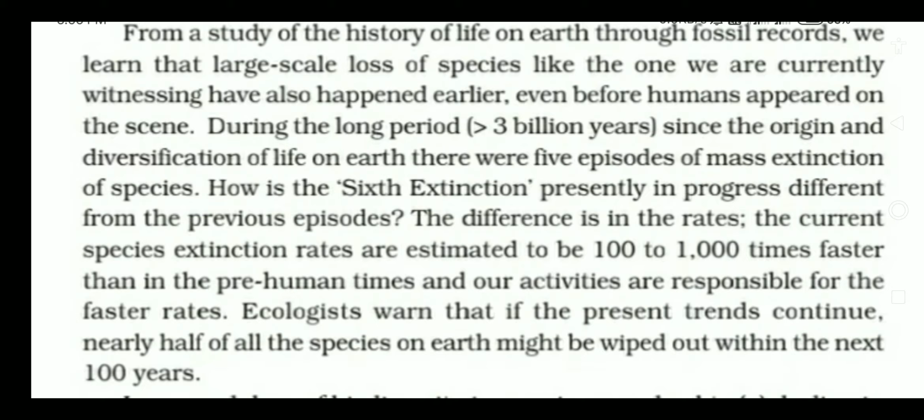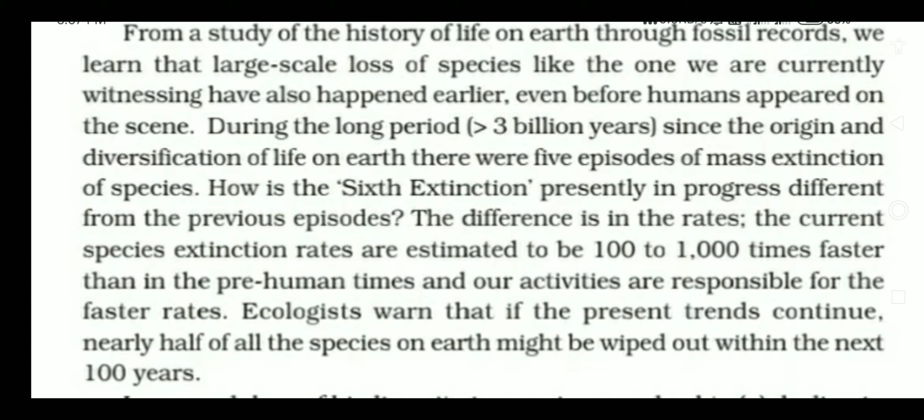Ecologists warn that if the present trend continues, nearly half of all the species on earth might be wiped out within the next 100 years. More than half the species of the world will be eliminated from the ecosystem.